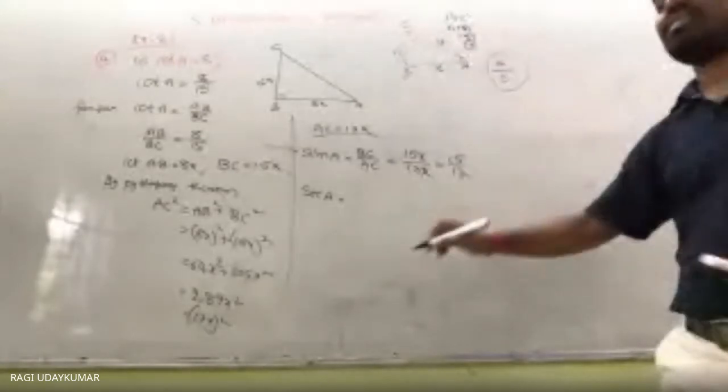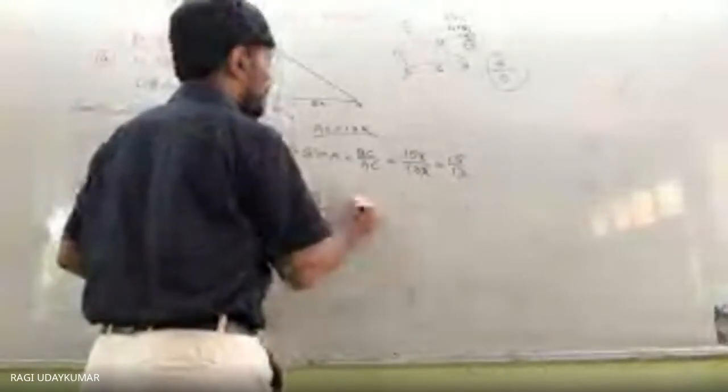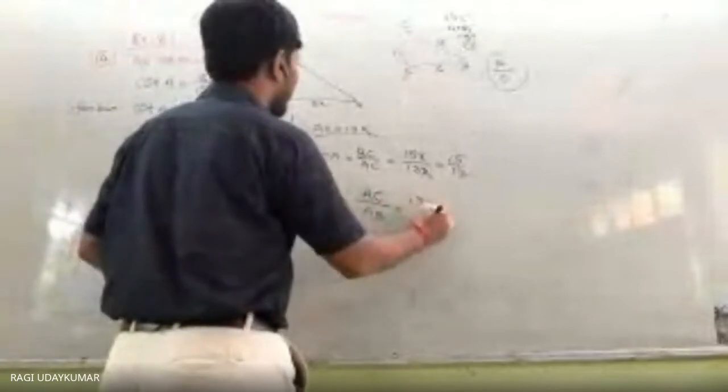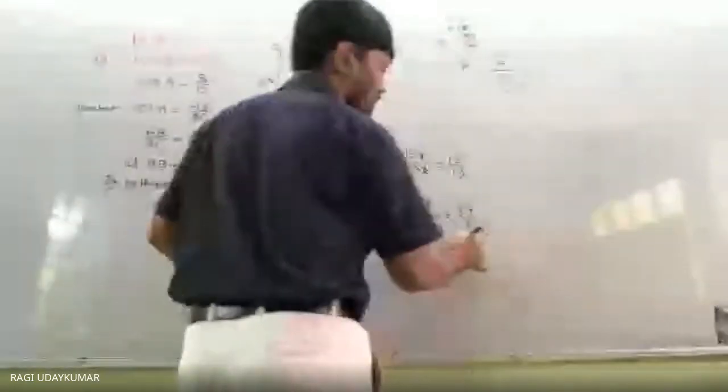Yes, 17 by 8. If you have to write it in steps, normally you write hypotenuse is AC and adjacent is AB, which is equal to 17x by 8x. x will get cancelled, 17 by 8.